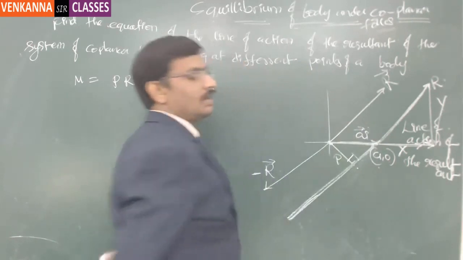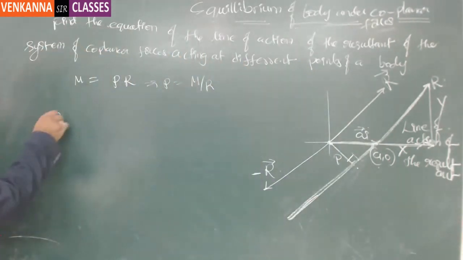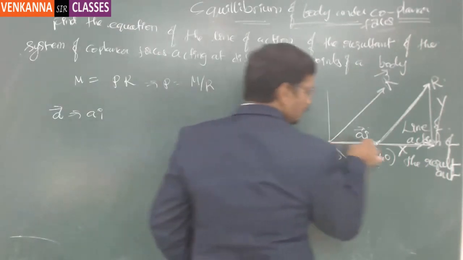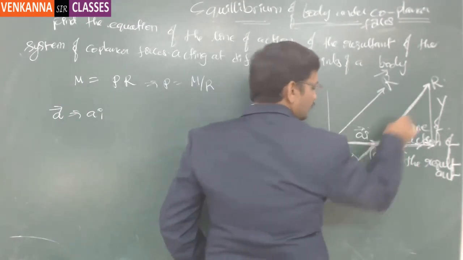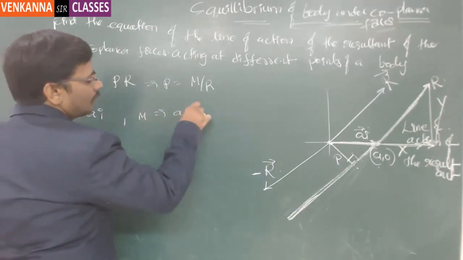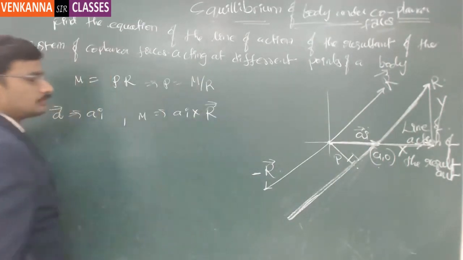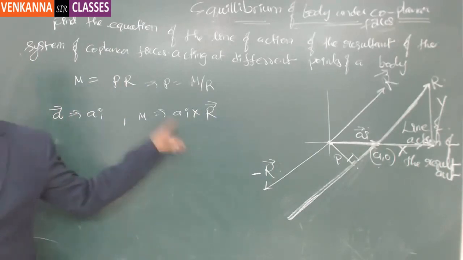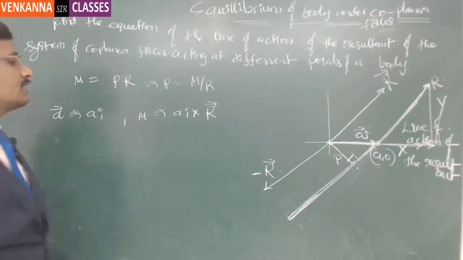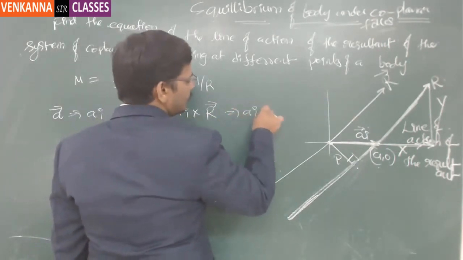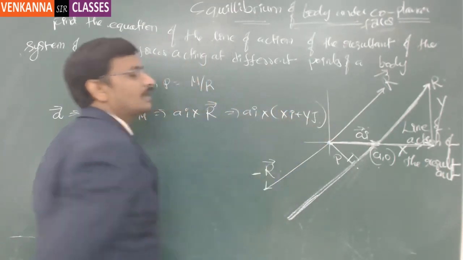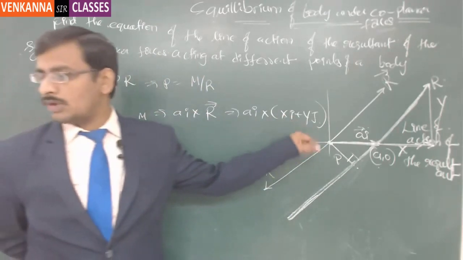So Ai is the vector, the radius vector for this particular force, and the moment will be M is equal to Ai cross R. This is M, and the same value is also M is equal to PR. Then R can be written as Xi plus Yj, because capital X is the force component along the x-axis and capital Y is the force component along the y-axis.